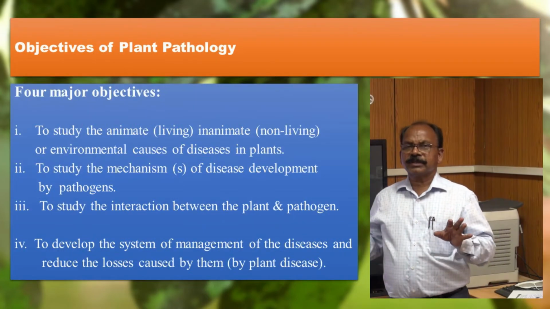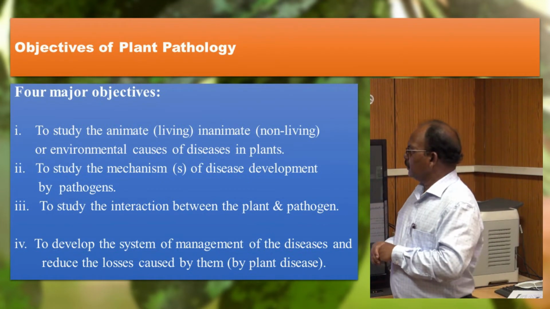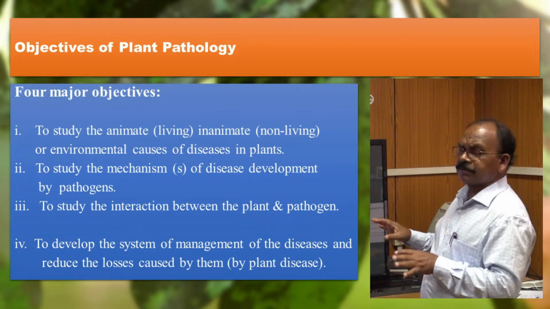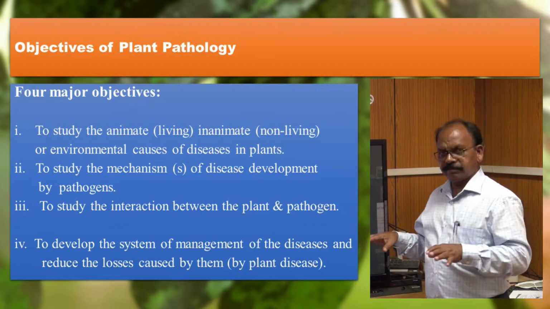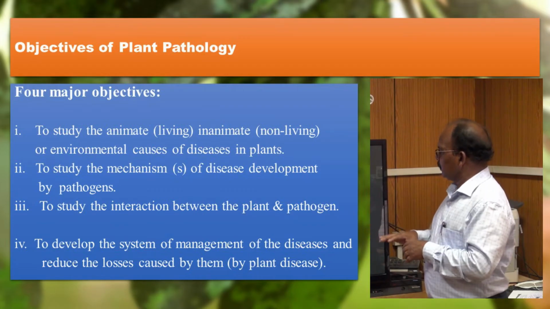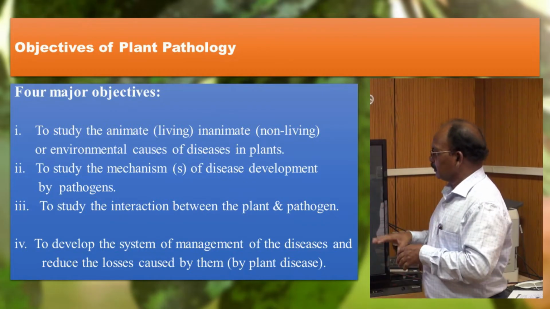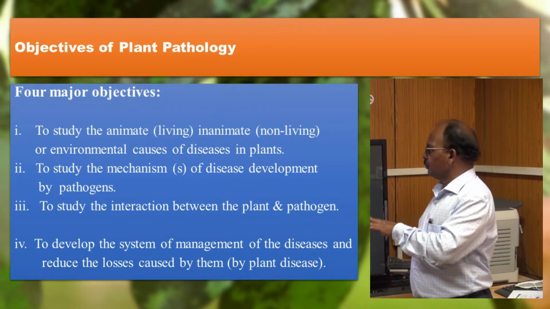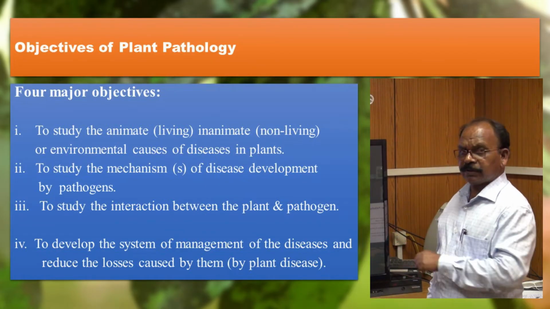Now come to the objectives. What are the objectives of plant pathology? Plant pathology has four major objectives. The first objective is to study the animate, meaning living things, inanimate, non-living, and environmental causes of diseases in plants. The second objective is to study the mechanisms of disease development by pathogens.